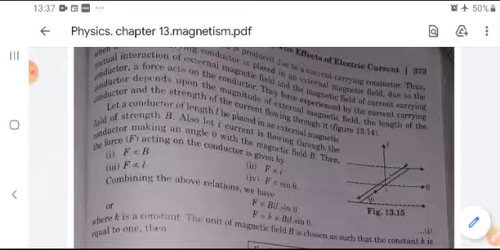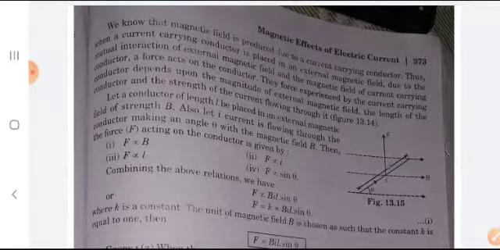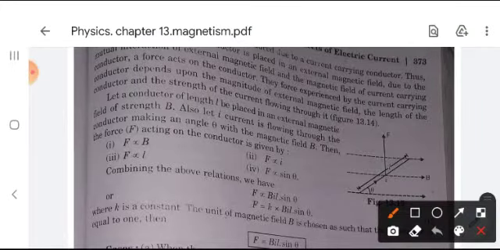So the force, denoted here by capital F, is directly proportional to B, directly proportional to L, directly proportional to the current I, and directly proportional to sine theta. So after combining, we get F is directly proportional to BIL sine theta. To make it an equality, we have to put in a constant, small k.